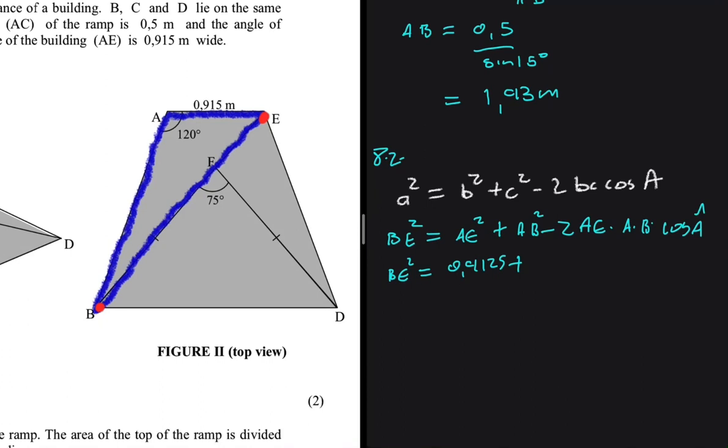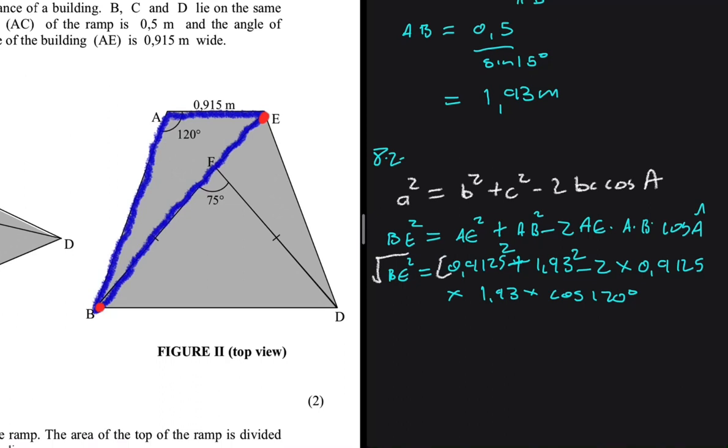We calculated AB in 8.1, so we're supposed to square AE, and then plus 1.93, and then we also square that, and then minus 2 multiplied by AE, which is 0.9125, multiplied by AB, which is 1.93, and then multiplied by cos of the angle opposite the side you're looking for, which is 120 degrees, right?